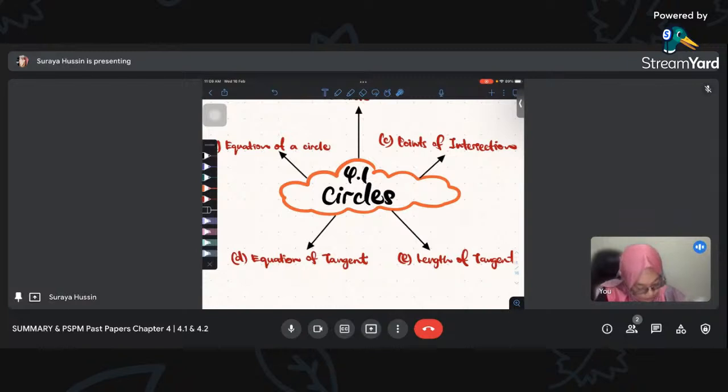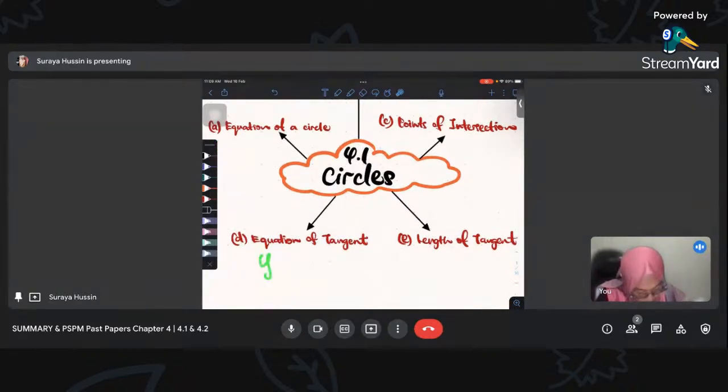And of course, all of you must have remembered this formula very, very well, because this formula is very, very popular during our SPM year. So all of you should have known this very, very diligently. Okay, so the last one here is the length of tangent.